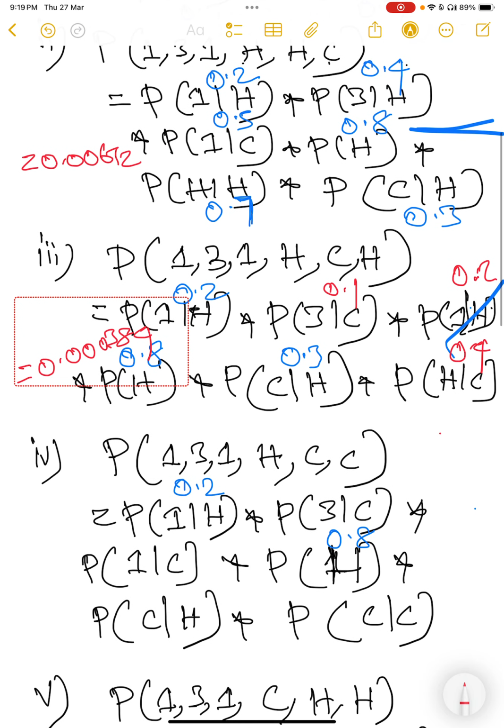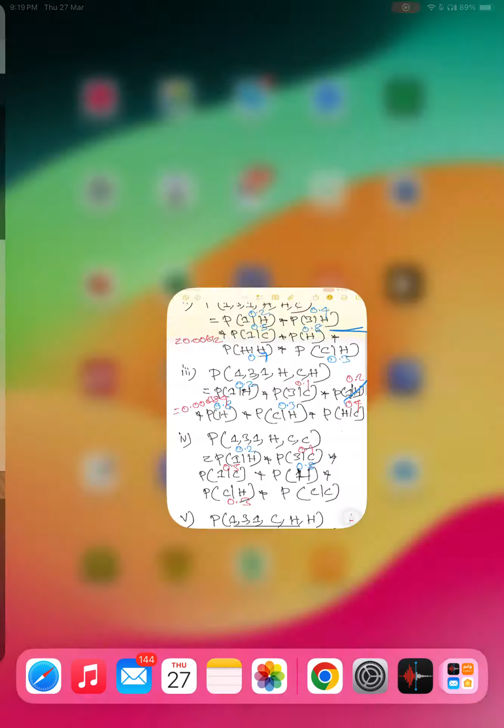So it's the next one. Most 3 given C is 0.1. 1 given C is already done, right? 1 given C is 0.5 and H is 0.8, and C given H is 0.3, and C given C. Then you can fit cold given cold. What's cold given cold?